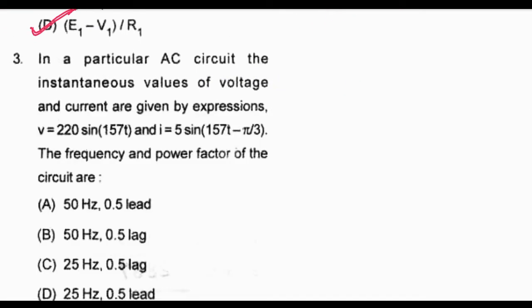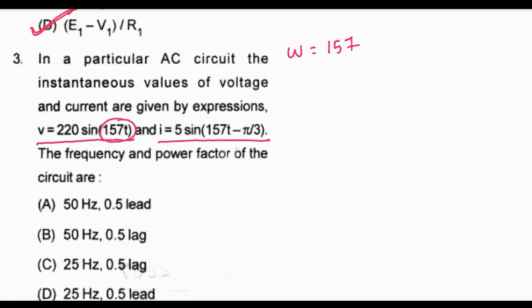In a particular AC circuit, the instantaneous values of voltage and current are given by V is equal to 220 sin 157t and I is equal to 5 sin(157t minus pi by 3). Find the frequency and power factor of the circuit. Here voltage and current are given in terms of sine and phasor. Omega is given to be 157, because the form is sine omega t.